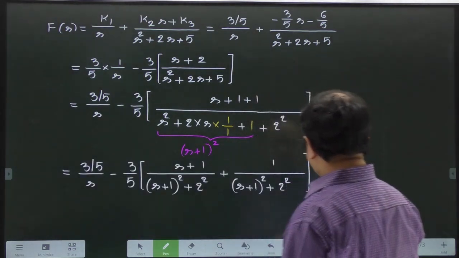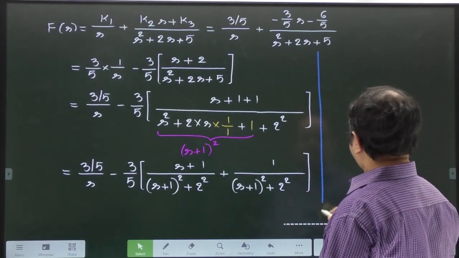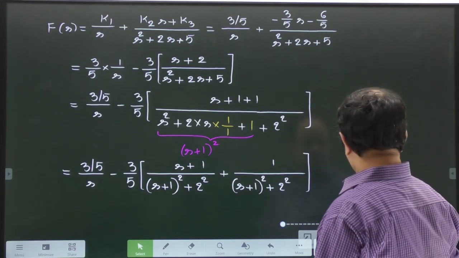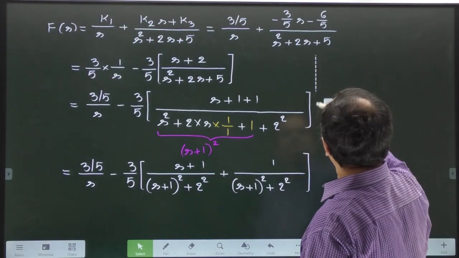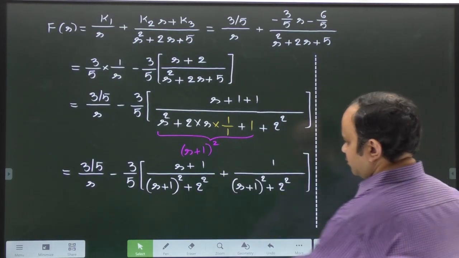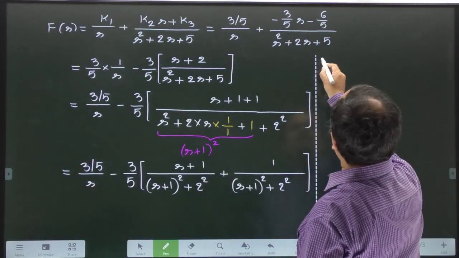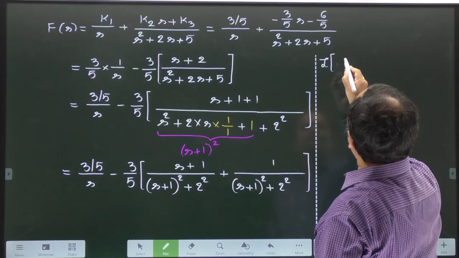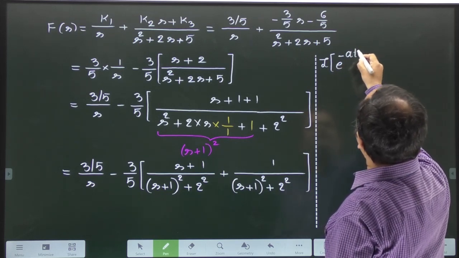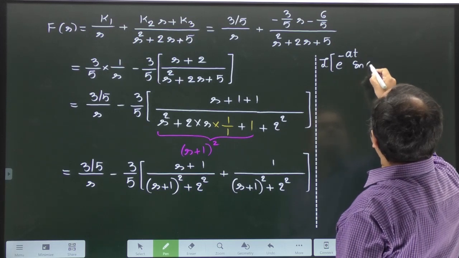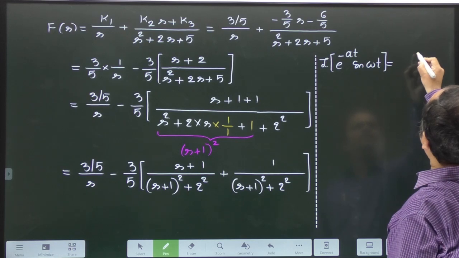Say for example, if you just look into this Laplace transform formula here, suppose Laplace transform of e power minus at sin omega t. How can I write down this one?